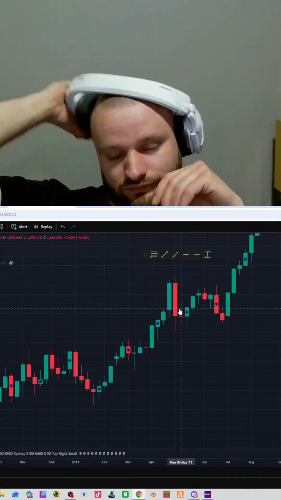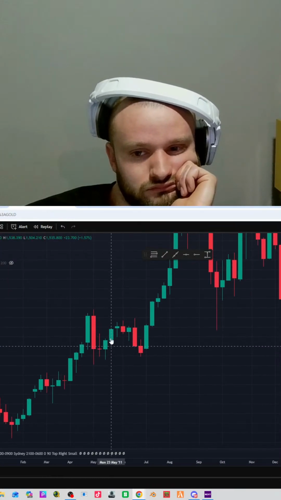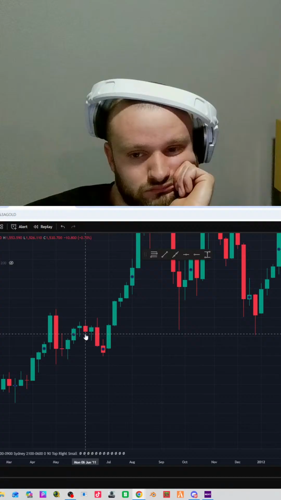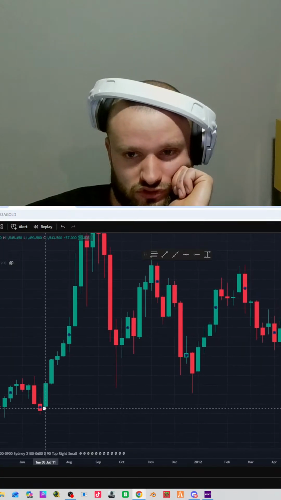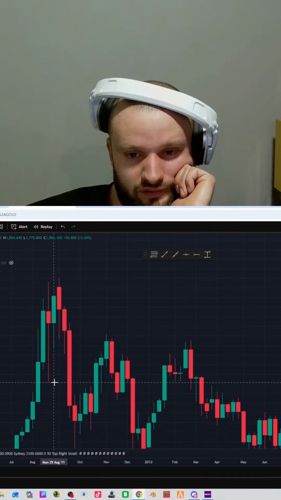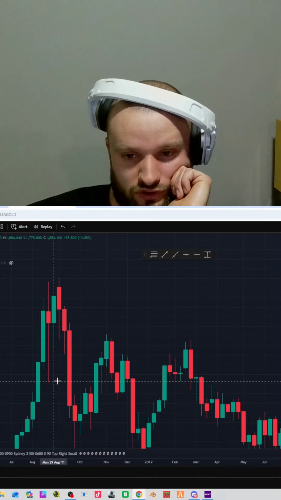Going down. Yes, that broke structure. Going up, going down, going up, going down. Boom, broke structure right here.